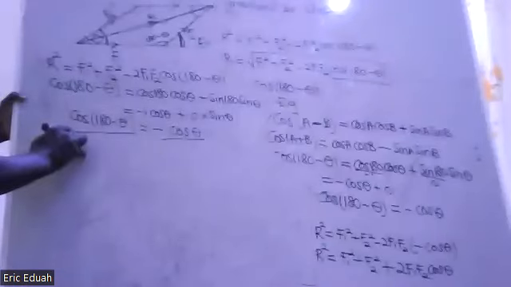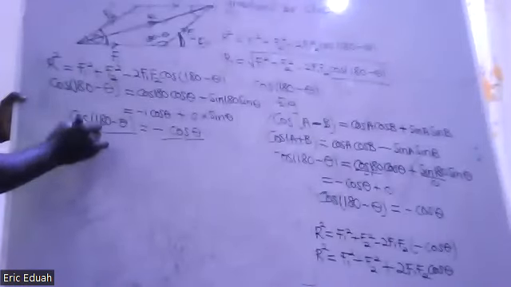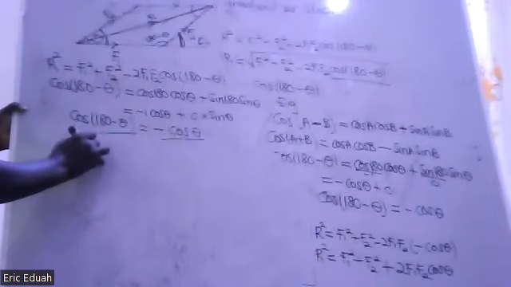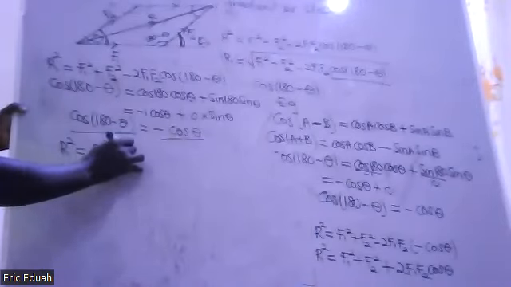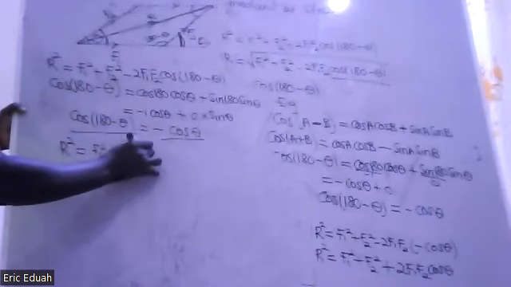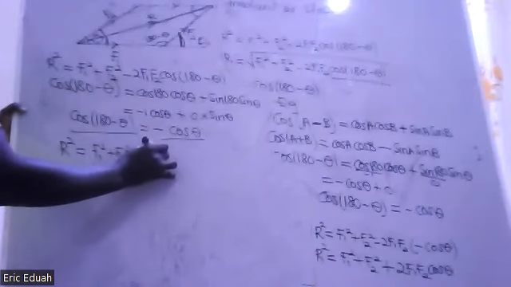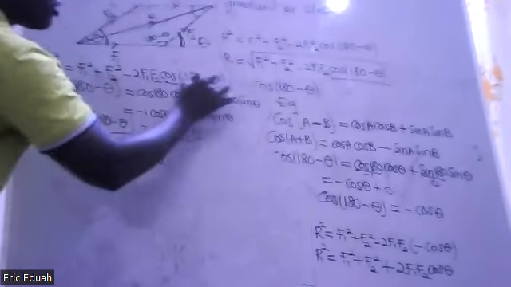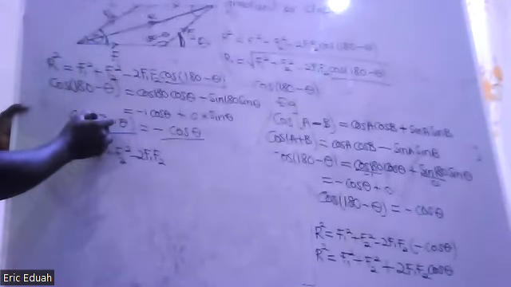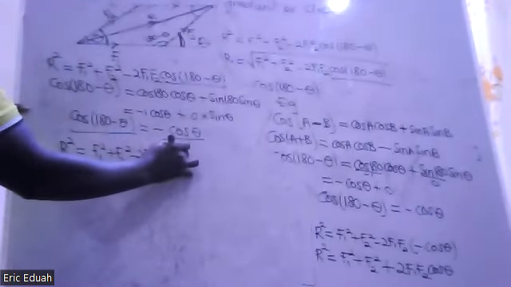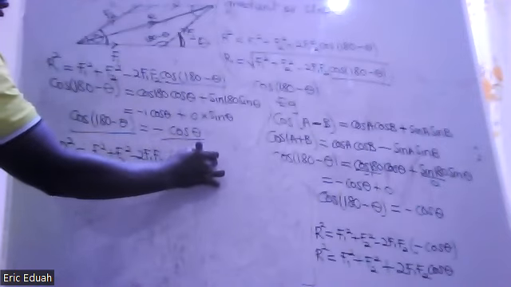So in the resultant value, we put F1 squared plus F2 squared minus 2F1 F2 times minus cos theta.